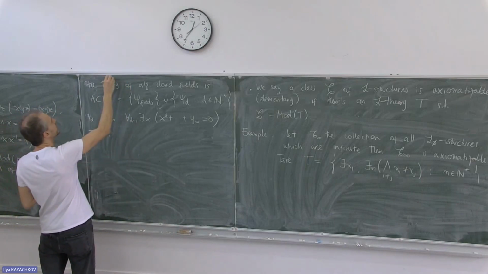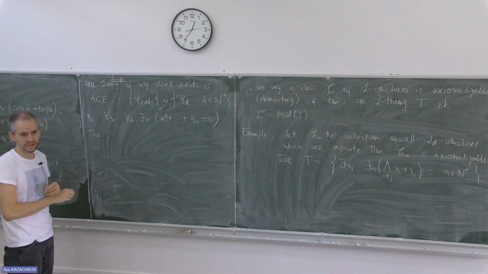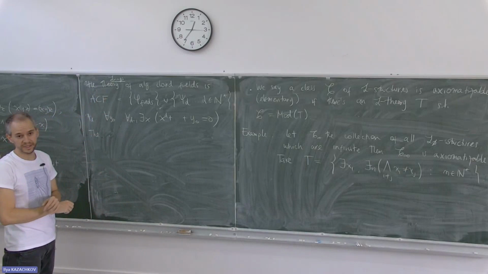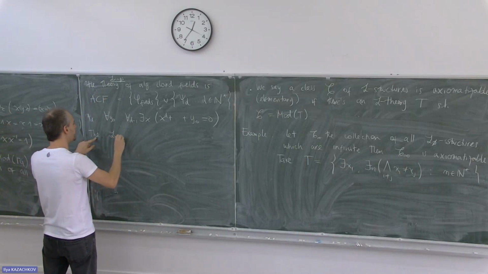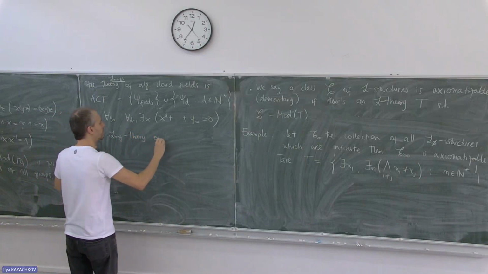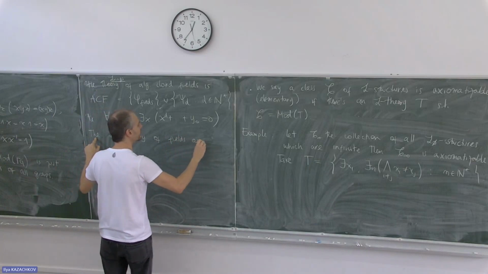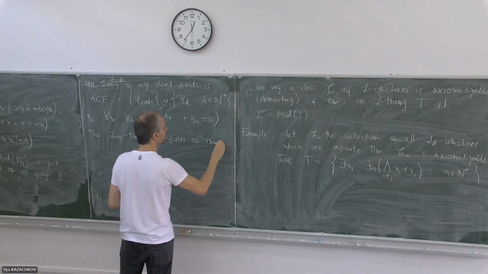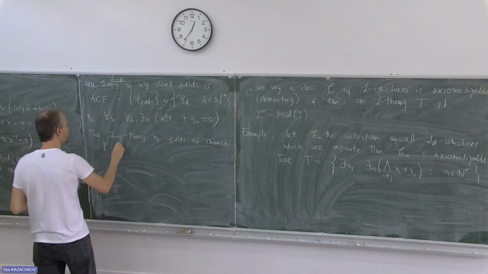I should say this is a theory in the language of rings. I'm taking the language of rings as the basic language for expressing this theory. The L-ring theory of fields, let's say of characteristic P, for P a prime number.